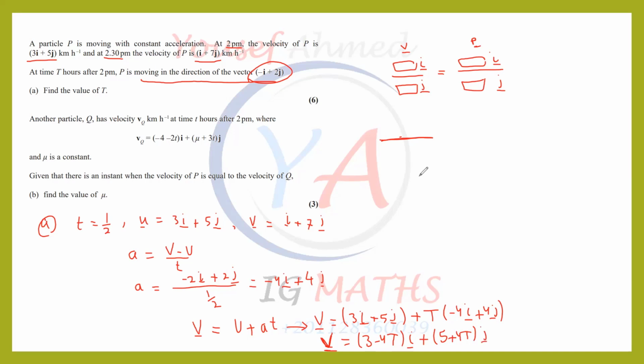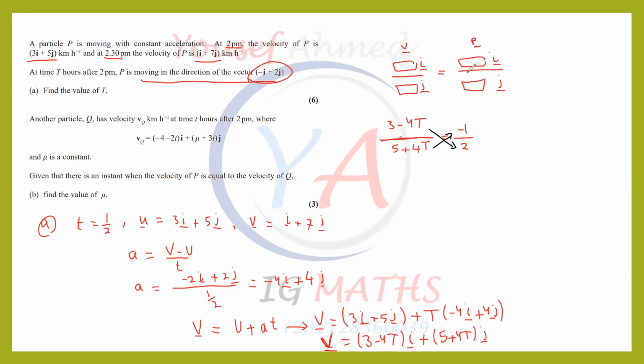So we will write 3 minus 4t over 5 plus 4t is equal to negative 1 over 2, because negative 1 is here over 2 here. And then you do cross multiplication to get the value of t.